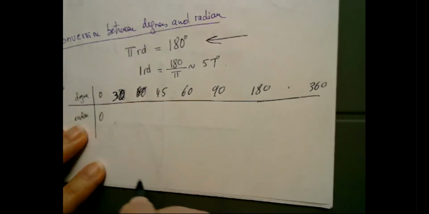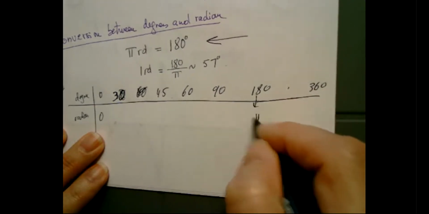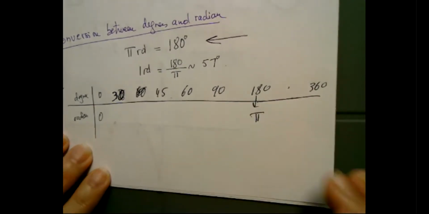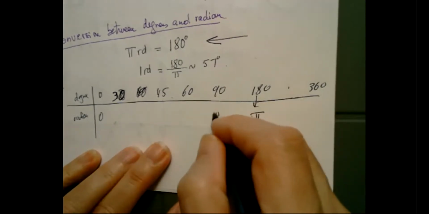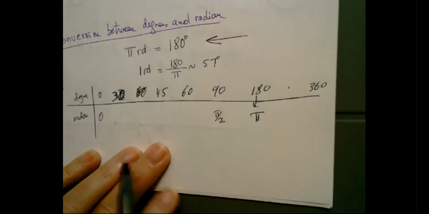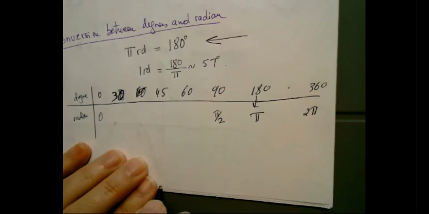0 degrees is 0 radians. And 180 is pi. Once you know this, the rest is fairly simple. 90, half of 180, is pi over 2. 360 is 2 pi.